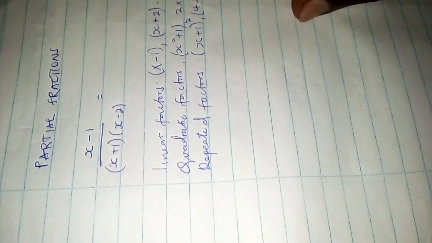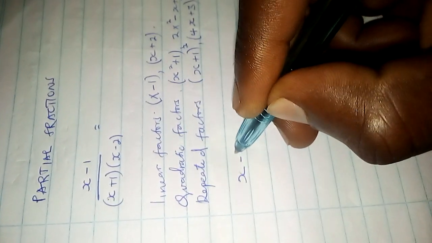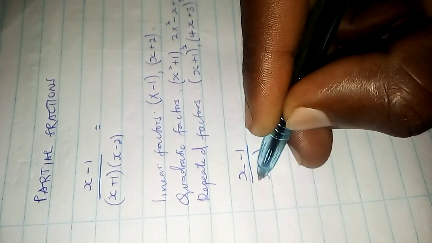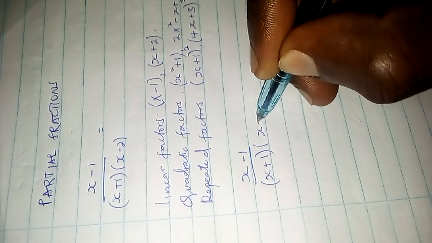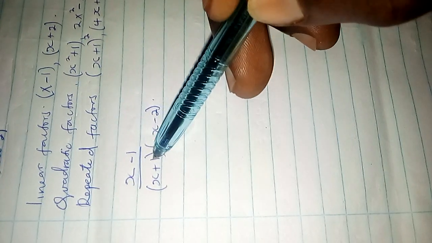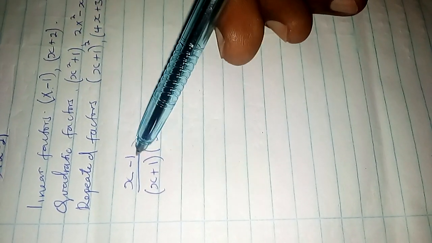Today, we are given a fraction x minus 1 over (x plus 1) times (x minus 2). This is a linear factor case, because the denominators are like x minus 1, x plus 2; here we have x plus 1 and x minus 2.